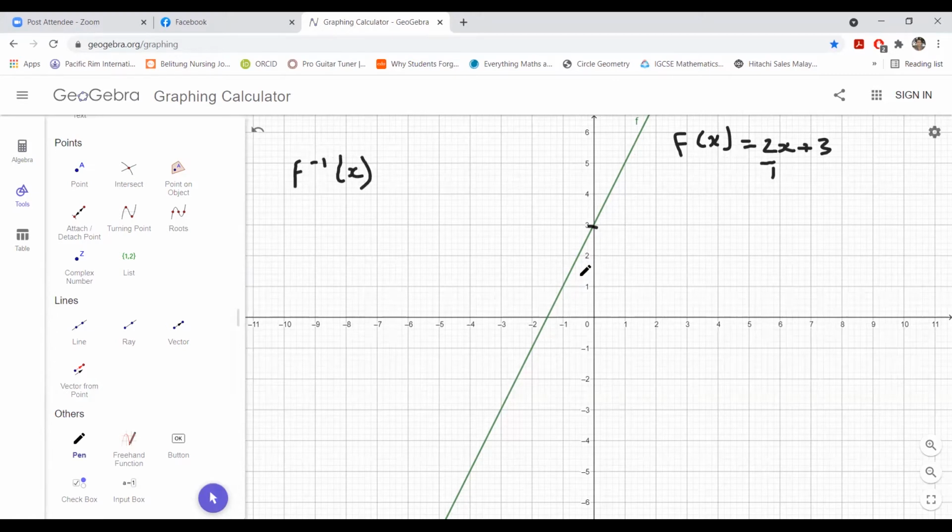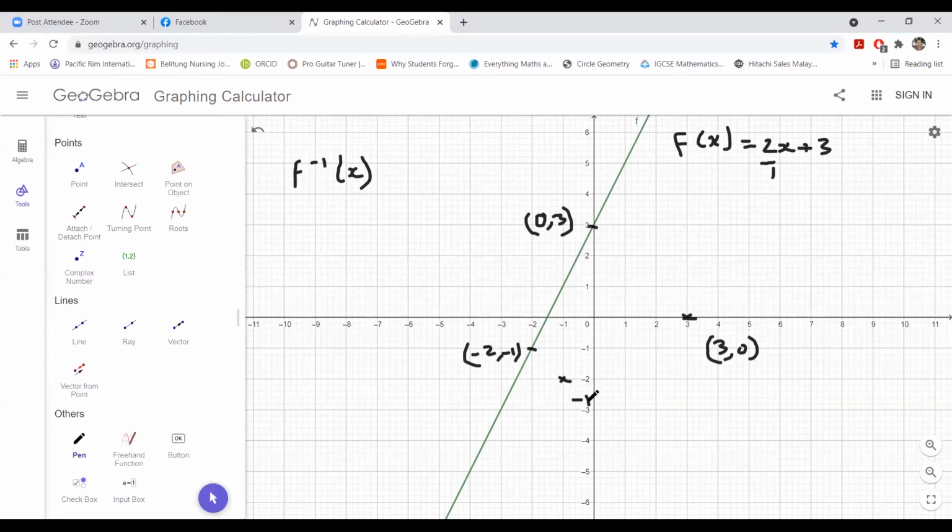Okay, so you look at the points on your graph. So you see this point here is 0, 3. You see this one? That's 0, 3. 0, 3 will become 3, 0, which is here. So this is a point on your inverse, 3, 0. Pick another point here. -2, -1 would become -1, -2, which is here.